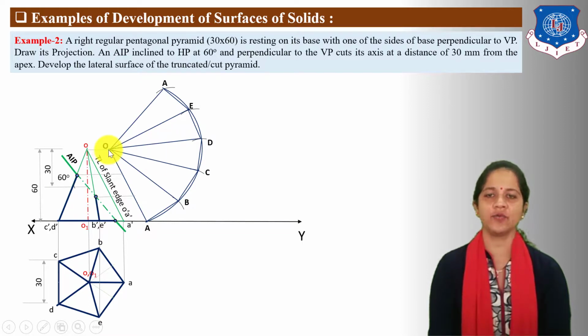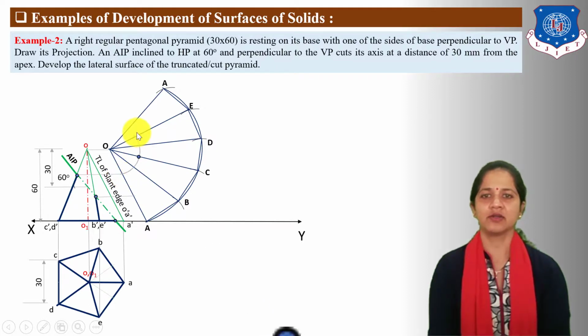Take center O, radius O to this point and draw arc, and this arc cuts OC and OD slanted at one point and mark here cutting points. Similarly, take center O, radius O to this point and draw arc, and this arc cuts OB and OE slanted and mark here cutting points.